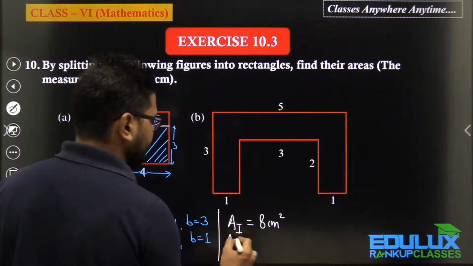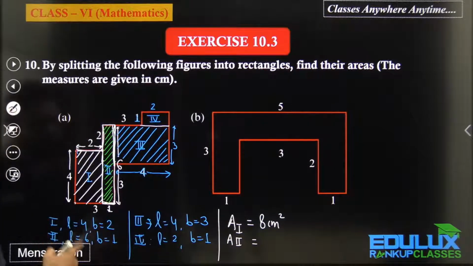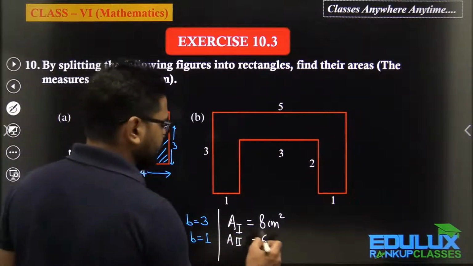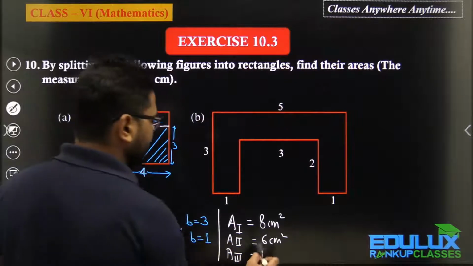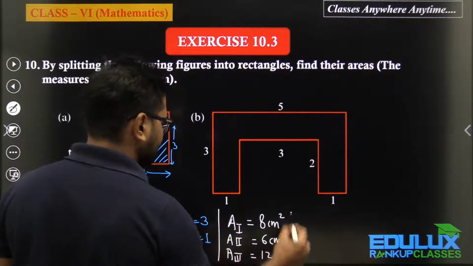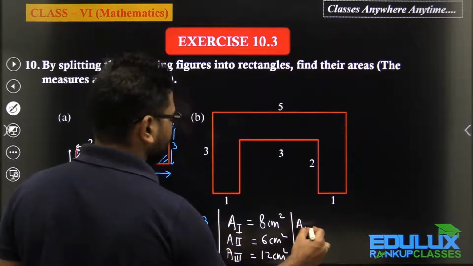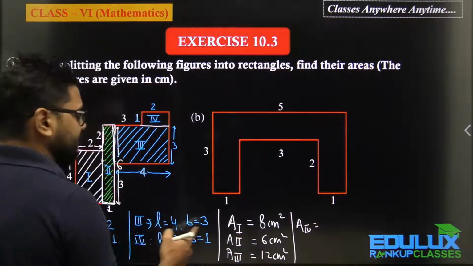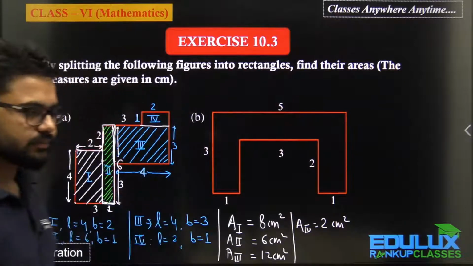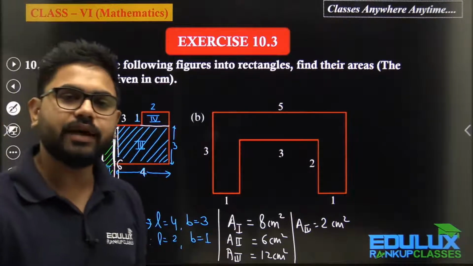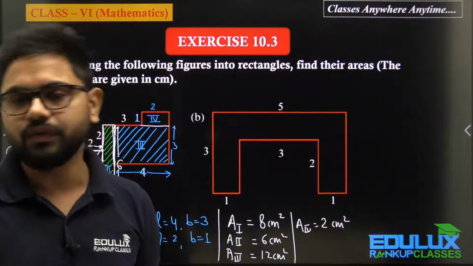Area of second rectangle will be equal to 6 times 1, that is equal to 6 centimeters square, and area of the third rectangle will be equal to 4 into 3, that will be 12 centimeters square. And in similar fashion area of fourth rectangle will be equal to 2 times 1, that is 2 centimeters square. Okay, so this is how we have got the areas of all 4 rectangles.